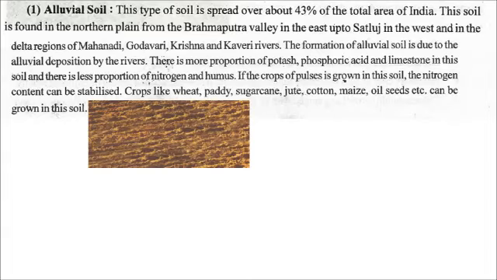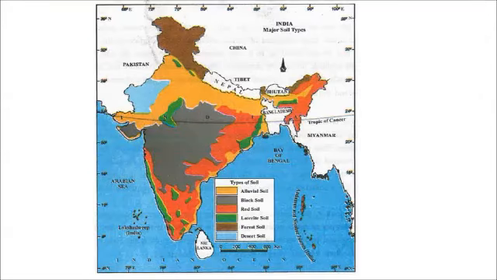Now let's go through the map that follows here. The first map, this is from your textbook, which shows, as per the color in the box on the right hand side near the Sri Lanka map, various colors. You can see that small box over there. Like the last one, the blue color shows desert soil, and that's in Rajasthan.